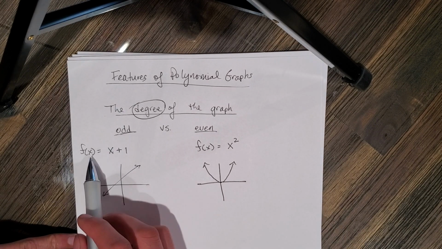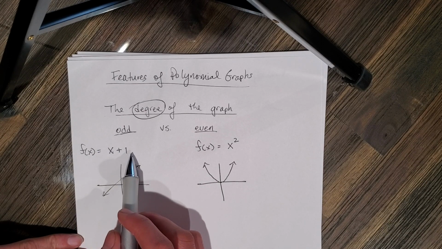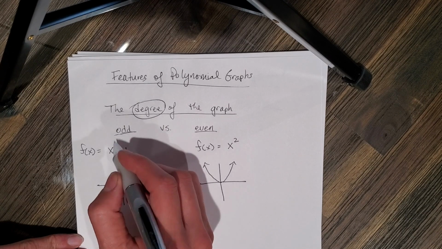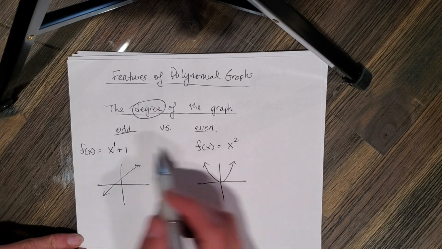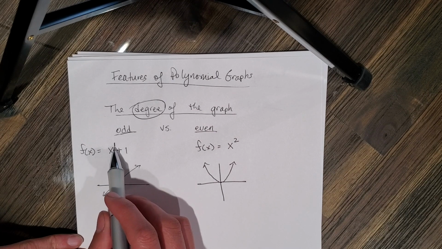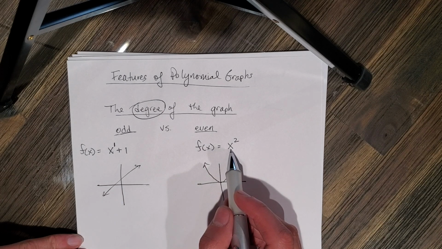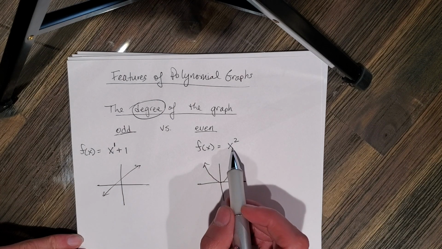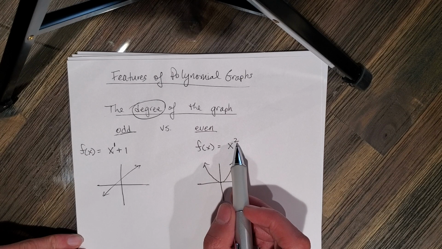Here I have an odd degree polynomial, f of x equals x plus 1. The degree here is 1, because the highest exponent is 1. Here I only have one variable, x squared, and so this is the highest degree, 2.